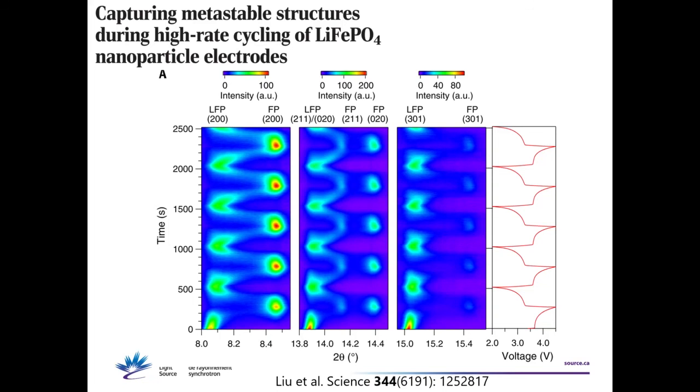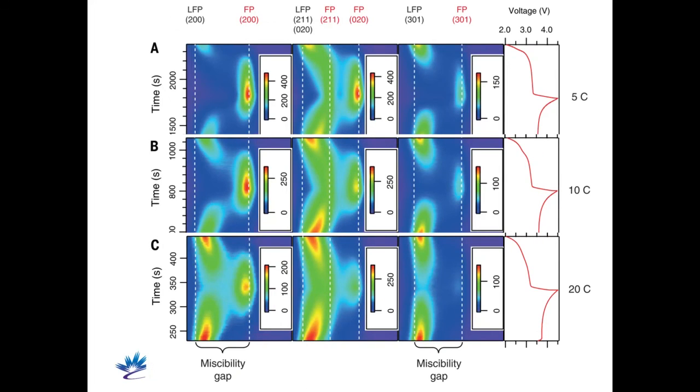And in this particular study, they were investigating how this oscillation of the phases happen for different cycling rates. And they found that faster cycling rates led to a more gradual change, almost continuous, of the phases during the voltage cycling as compared to a slower cycling rate, which was more like a 0, 1, either one or the other phase.